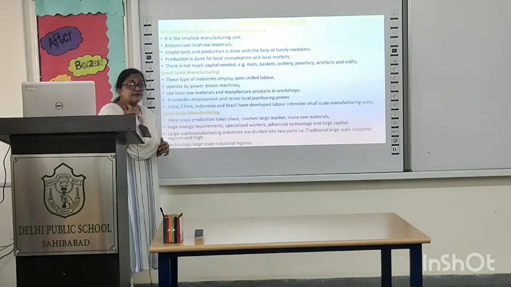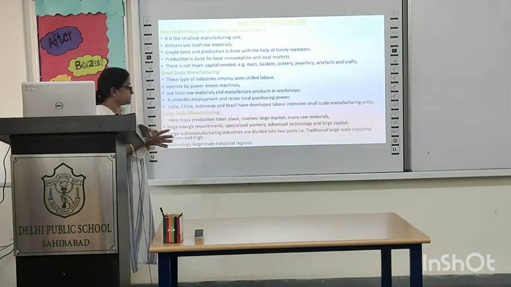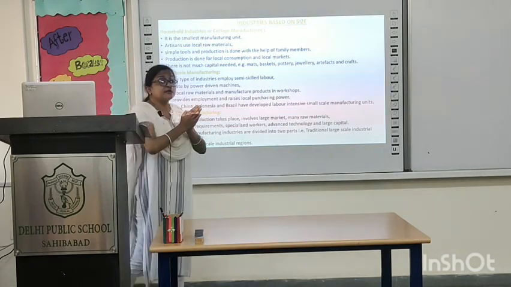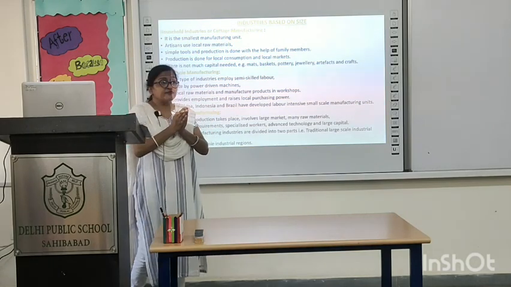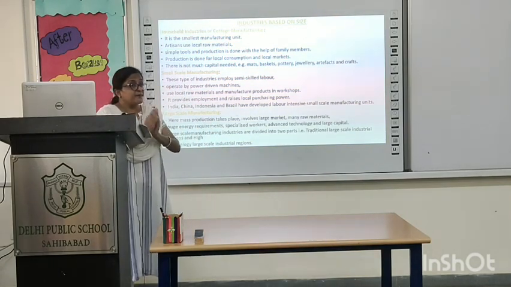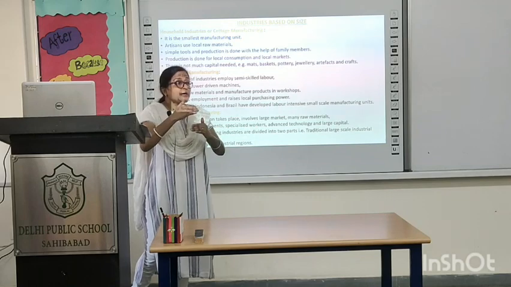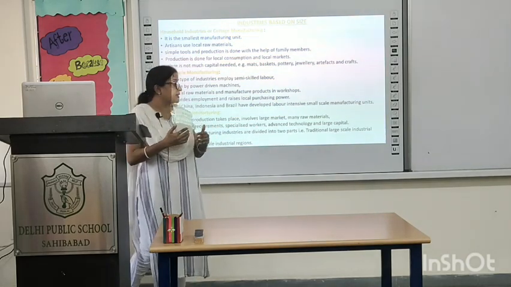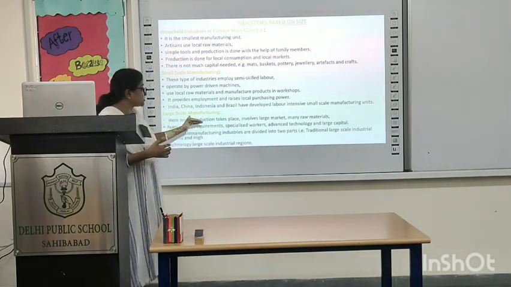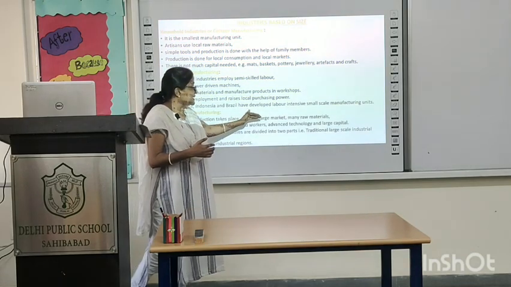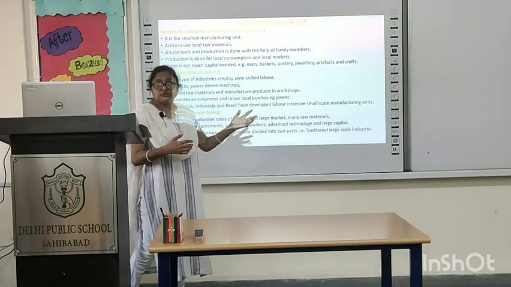Next we come to the large-scale industries. Large-scale manufacturing plays an important role in enhancing the GDP of India. Here mass production takes place, involving a large market and many raw materials.